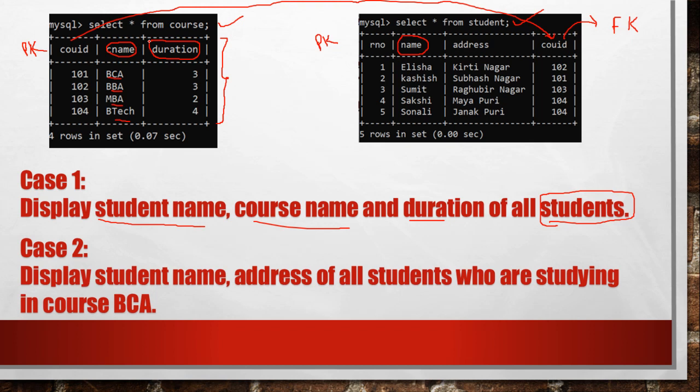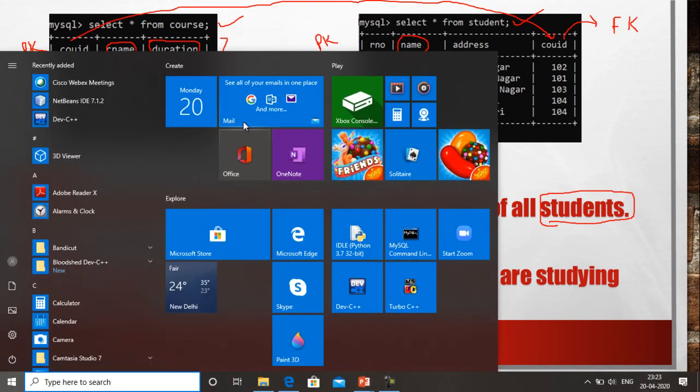Remember one thing: whenever a query asks you to display data of two different tables, you have to apply a join condition. So let me do this question for you. First of all, I open SQL. This is my MySQL command line.